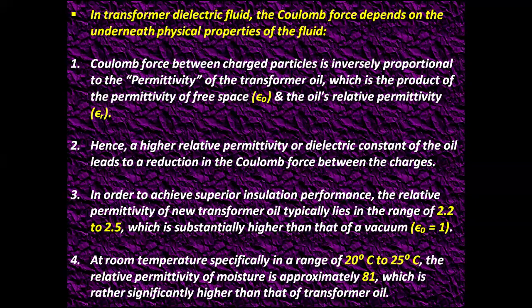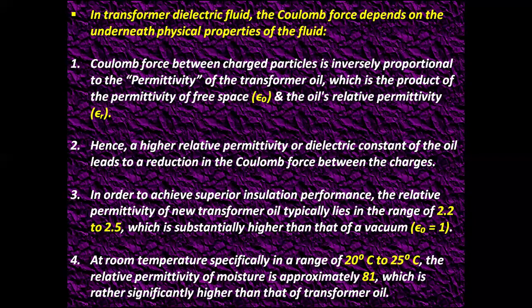Number 3, in order to achieve superior insulation performance, the relative permittivity of new transformer oil typically lies in the range of 2.2 to 2.5, which is substantially higher than that of a vacuum. That is, vacuum is called the free space, permittivity of the free space, that is epsilon 0 equals 1.